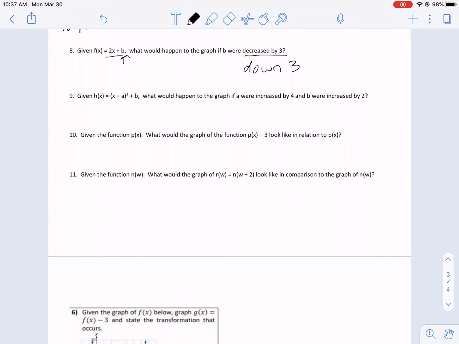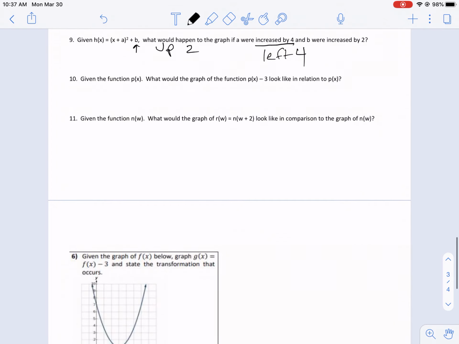All right, for number 9, what would happen to the graph if a were increased by 4 and b were increased by 2? Well, if b is increased by 2, that's a vertical, does what it says, goes up 2. If you increase the a by 4, remember the a is with the x, it goes the opposite way you would think. So if you increase it by 4, that makes it go left 4.